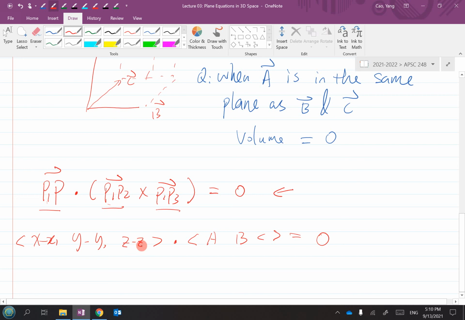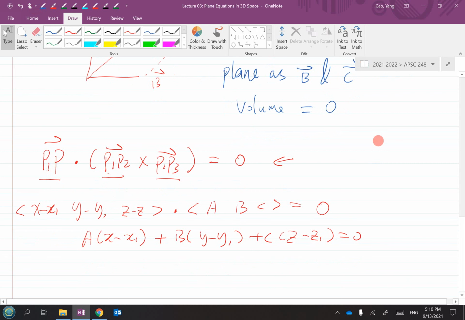The end result of this dot product will give you the plane equation: A times (x minus x1) plus B times (y minus y1) plus C times (z minus z1) equals 0. So that's a standard mathematical expression. You have x, y, z on one side, you have 0 on the other side, and this equation is the plane equation in 3D space.